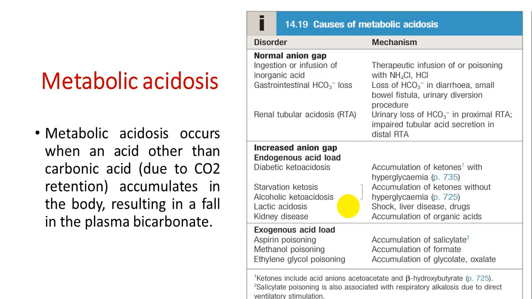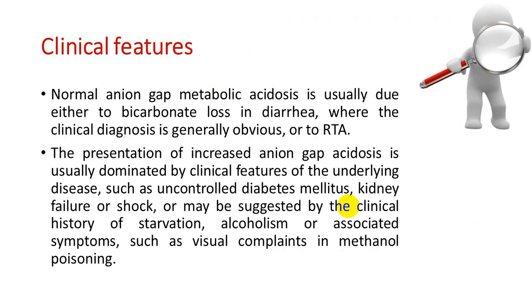This table is to be well recognized, well memorized, because it is reflected in our clinical practice and management in our clinical office. Clinical features include: normal anion gap metabolic acidosis is usually due either to bicarbonate loss due to diarrhea, where the clinical diagnosis is generally obvious, or due to renal tubular acidosis.